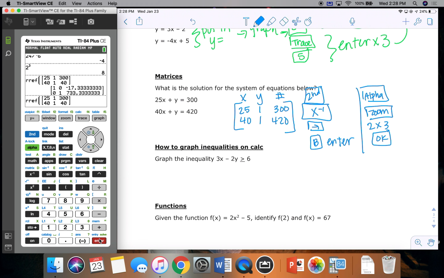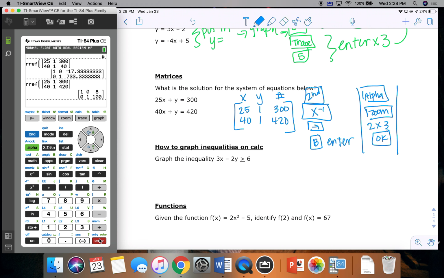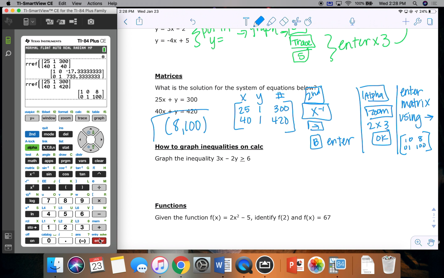Hold on. And remember, when we enter the matrix, we use the right arrows. Our answer comes out 1001 8 100. So the 1001, this part, tells me that it's a good solution, and then the 8100 is my actual answer.